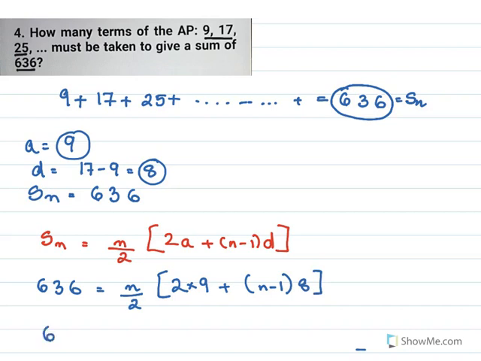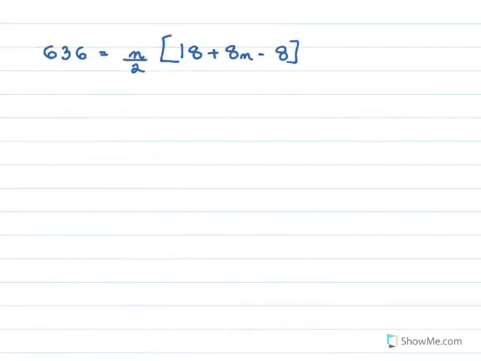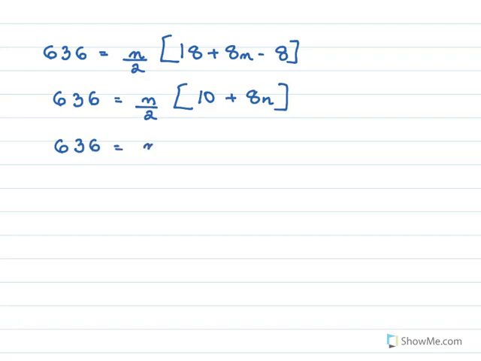And now we go ahead and solve this. So 636 equal to n by 2, that is 18, plus 8n minus 8. So we'll have here 636 equal to n by 2, 18 minus 8 is 10, plus 8n.